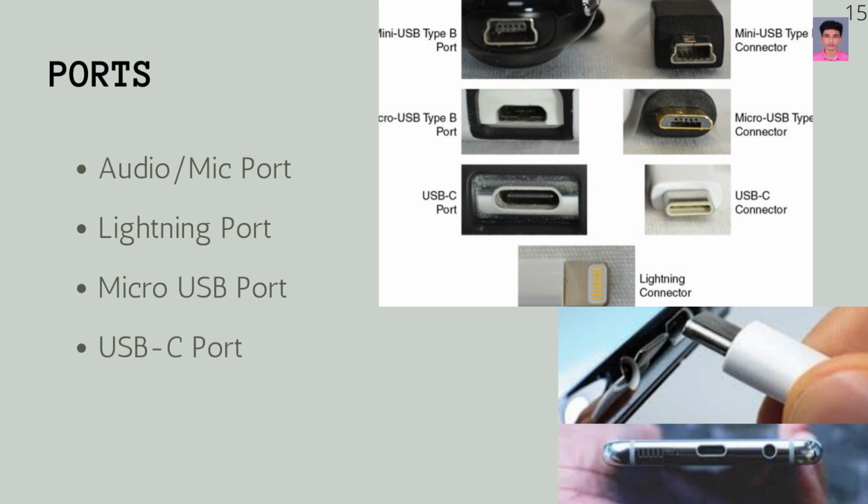The USB-C port is now the most common in smartphones because it is more compatible, and it also reduces the need for an audio port in smartphones because it can be used as an audio port or external port or internal port, or also be used for charging.